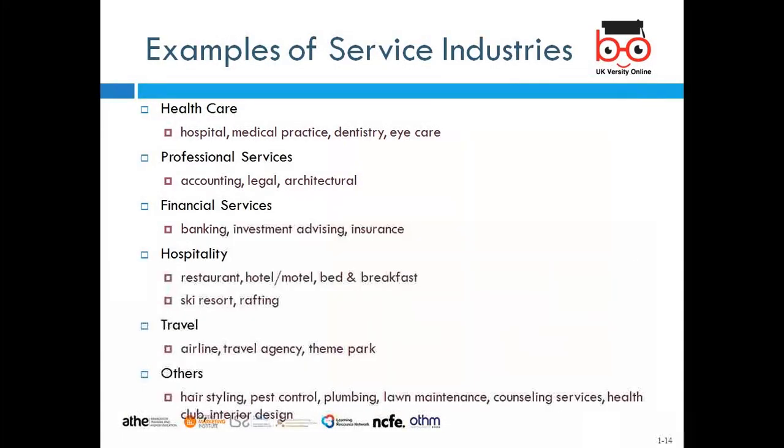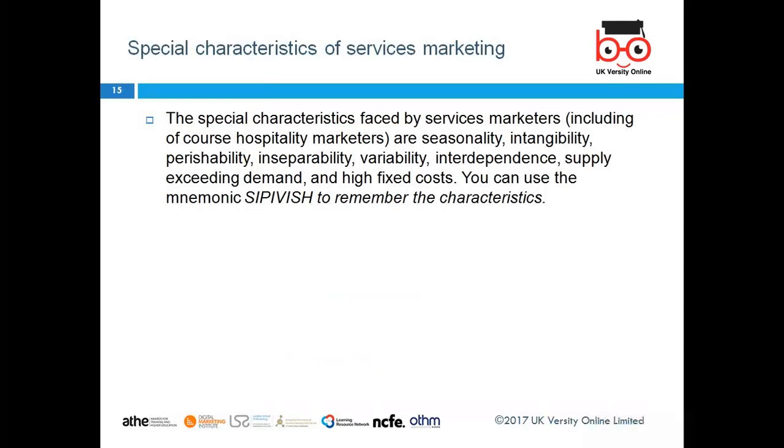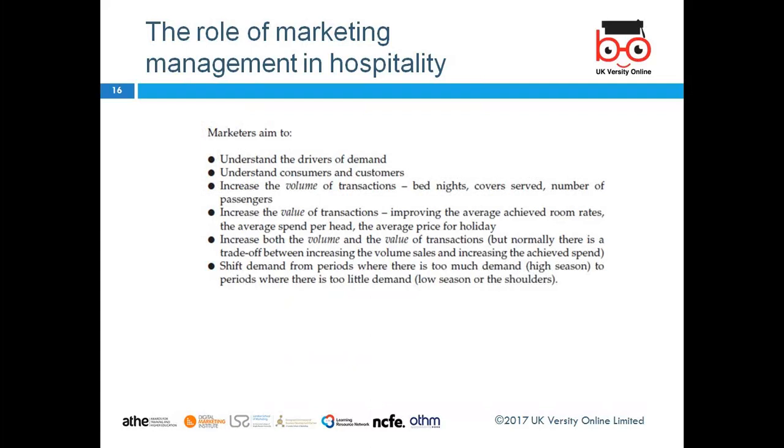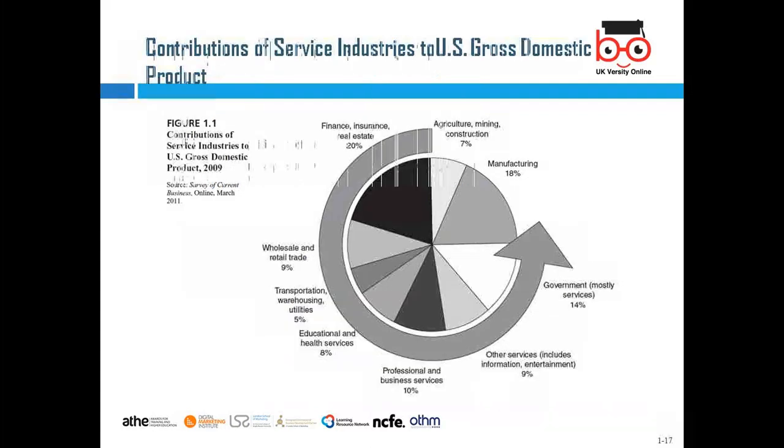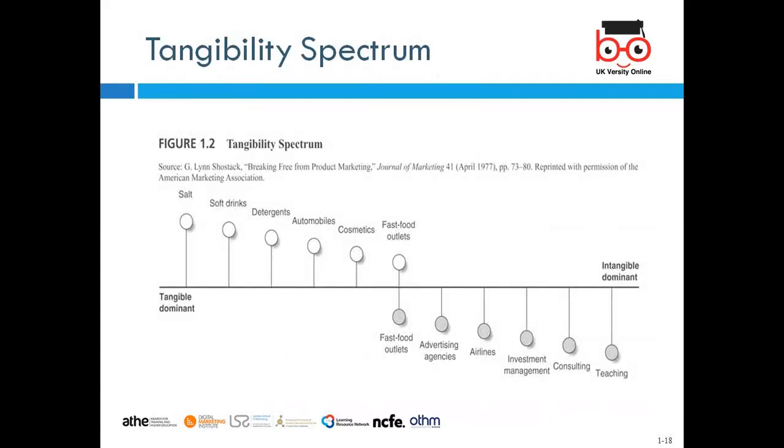So healthcare is an example of the service industry, which we already discussed in one of the lessons. Healthcare, professional service, financial service, hospitality, travel, and others. All these come under the service industry. So the special characteristics of service marketing, which we discussed, we need to focus on tangibility.